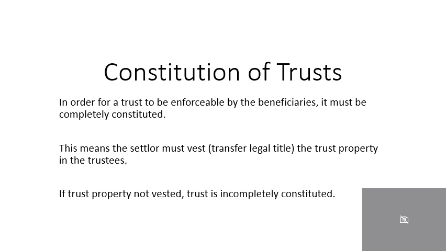If the trust property is not vested, then the trust is said to be incompletely constituted, and we will look at what happens if the trust is incompletely constituted. But if the settlor had transferred the legal title, and he's done so using all the proper formalities, then the trust property will now have passed to the trustees, and the trustees will hold the legal title. This trust is said to be completely constituted.